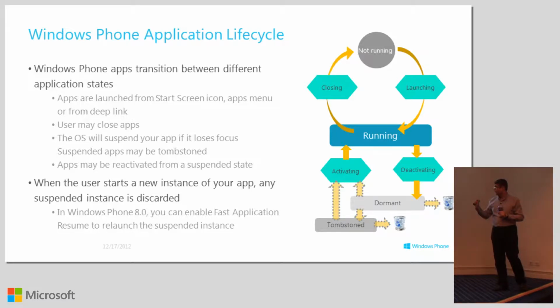It's just blank. Okay. So it could happen that you have many of these applications being suspended, and at some point of time, you're going to run out of memory, right? You're going to run out of resources, and when that starts happening, the Windows operating system is going to take one of these applications and remove it from memory, and that's called tombstoned.